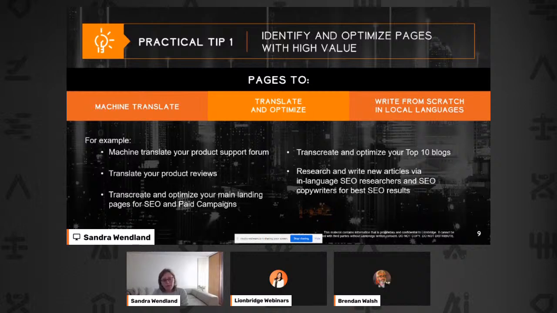And there might be other pages, like FAQ pages, where machine translation is definitely a way to go. Or there might be pages where translation is enough, but there will be pages where you want to reach and perform better. And so my recommendation is invest in the research and the analysis up front. Take a small chunk of those pages. Again, looking back to the slide we had on the 10% pages that perform well, try to take those into your regional markets.